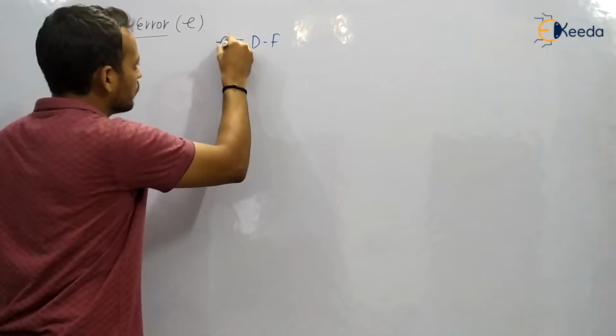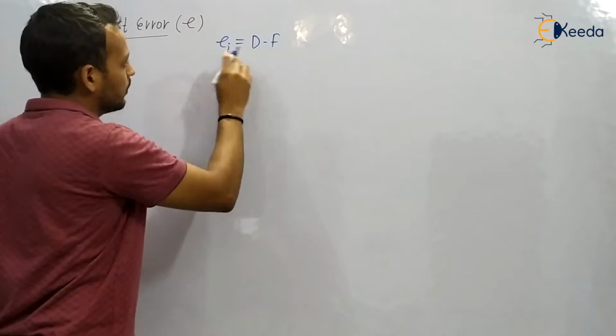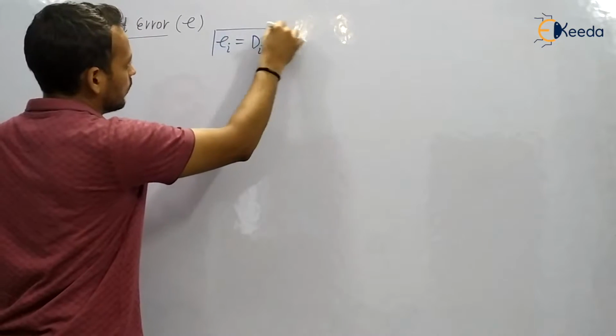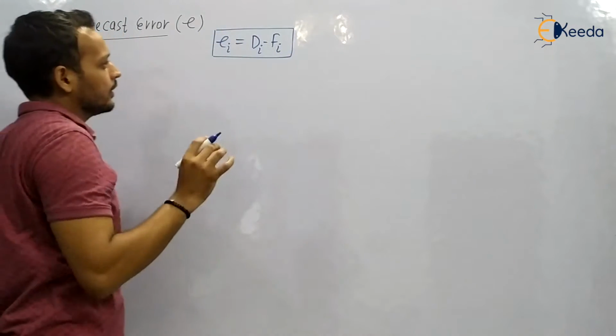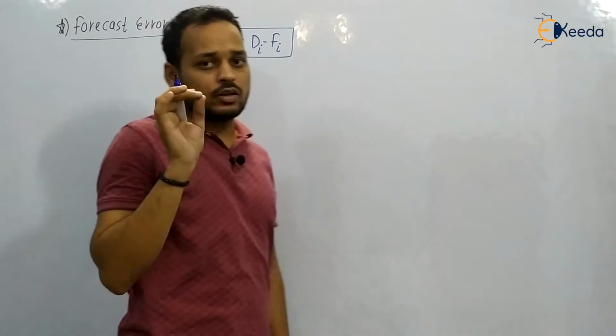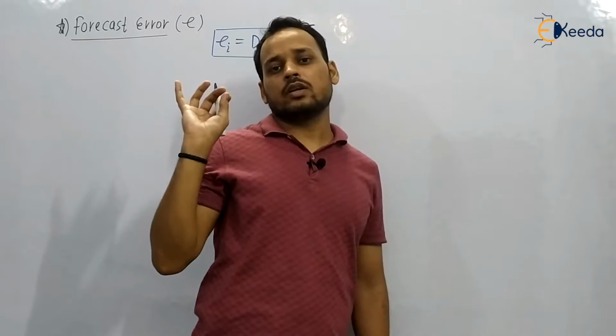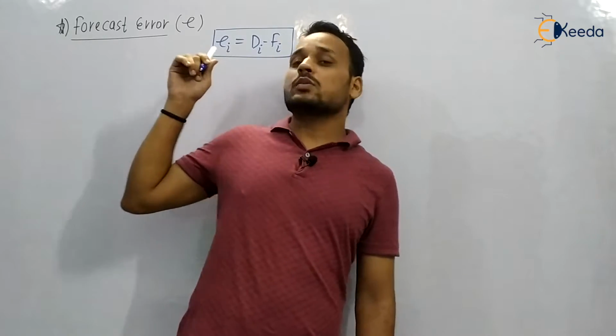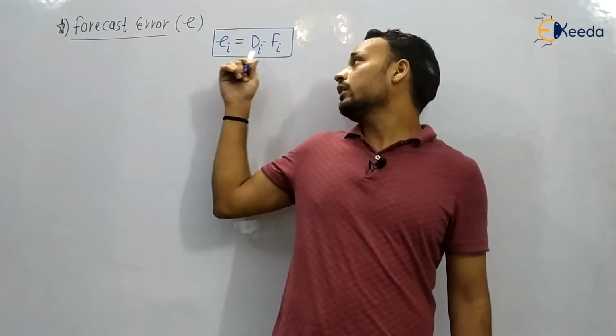For the ith period, it is also i and i. So forecast error of any period is the difference between demand and forecast of that period.